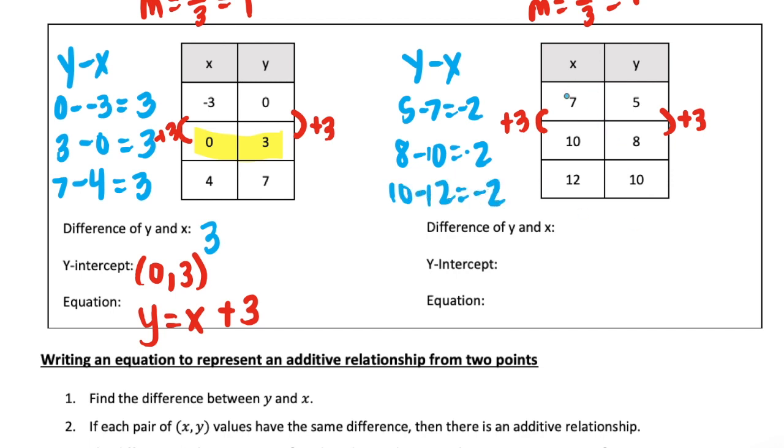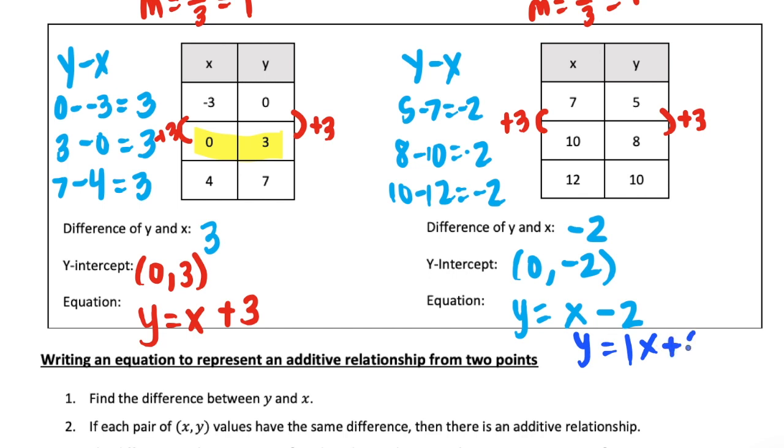So it looks like to get from x to y, all we were doing was subtracting 2 from each of these x values. So our difference there was negative 2. So that means our y-intercept is 0, negative 2, and our equation would be y equals 1x, or just x, minus 2. Remember, we could also write it y equals 1x plus negative 2 if you want to. Either one of those would be fine.